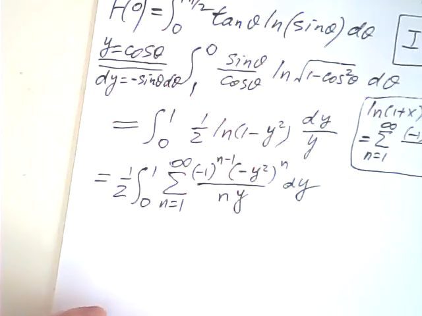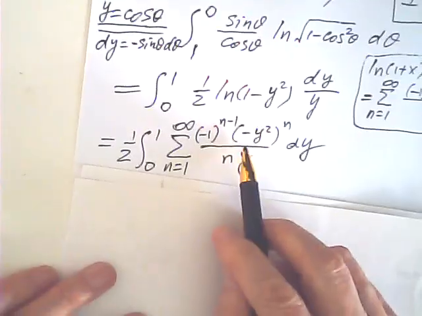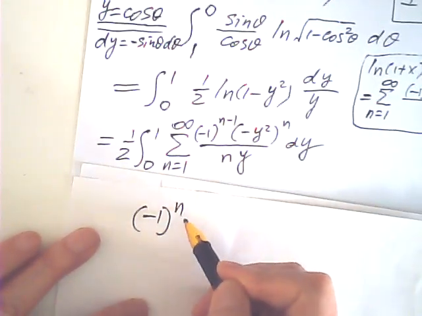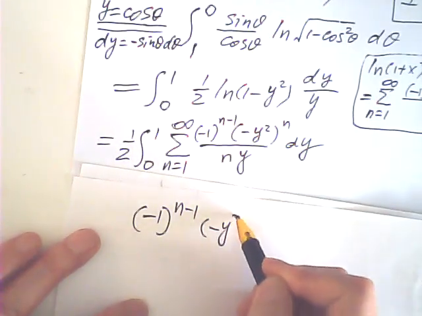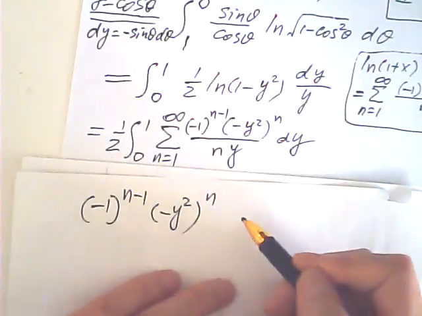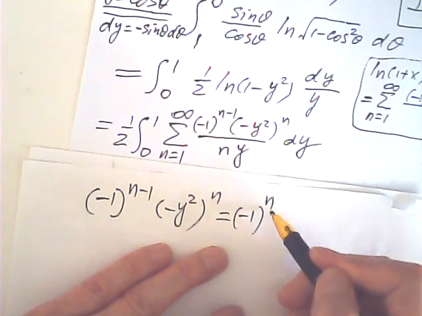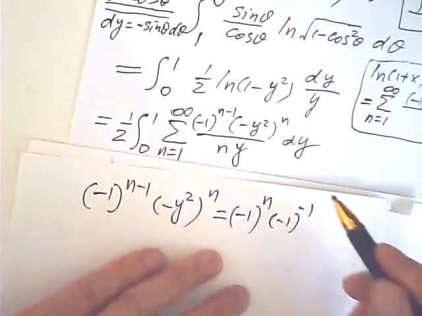Good. Now let me work out a little bit for this part. The numerator is negative 1 to the n minus 1 times negative y squared to the n. This is rather complicated. Now this one is negative 1 to the n times negative 1 to the negative 1. Right?